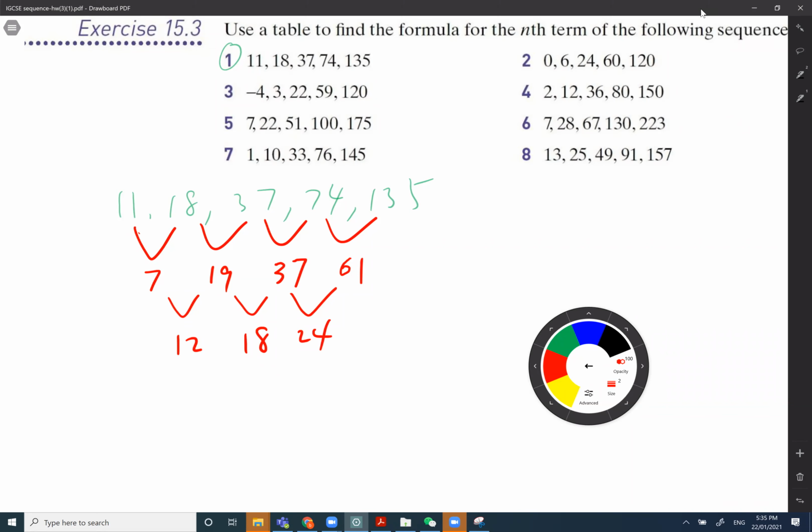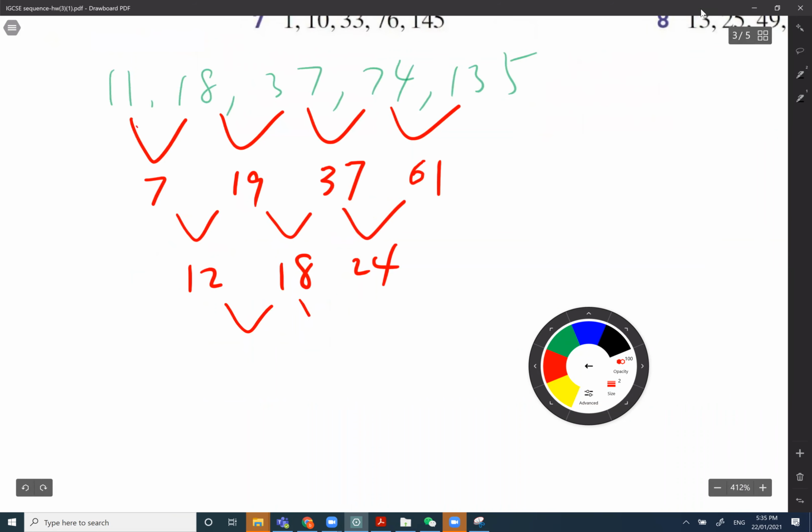These 3 are not the same, which means not quadratic, not n squared. Difference again, 6 and 6.